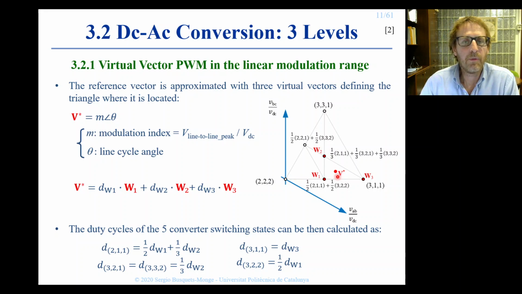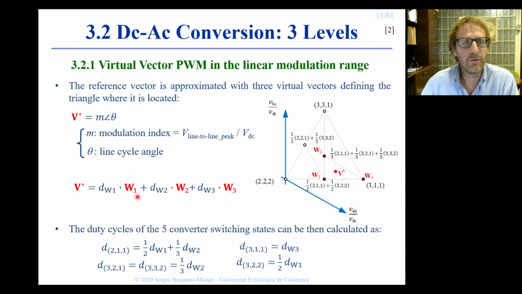We need to approximate this reference vector by a set of virtual vectors, and typically we use the virtual vectors of the vertices of the triangle where the reference vector is located. By approximating the reference vector from these virtual vectors, we will come up with a duty cycle for each virtual vector.